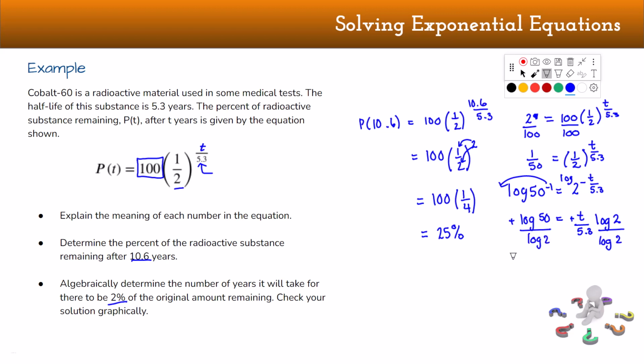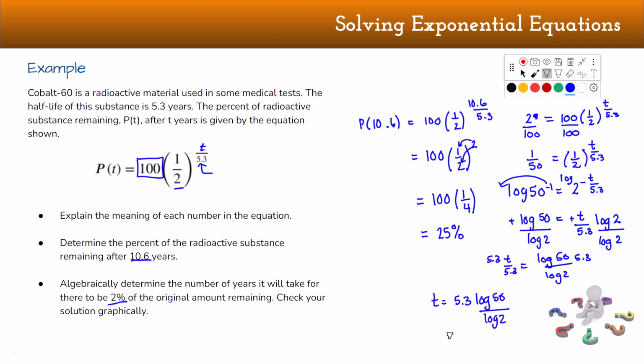And that's going to give me, I'm going to switch the sides, t over 5.3 equals, I know I'm rewriting things. And then I multiply both sides by 5.3. And that leaves me with t equals 5.3 times log 50 over log 2.